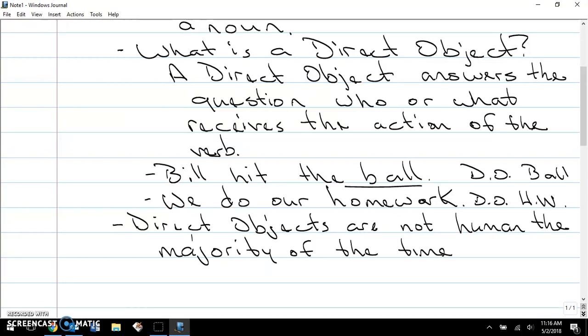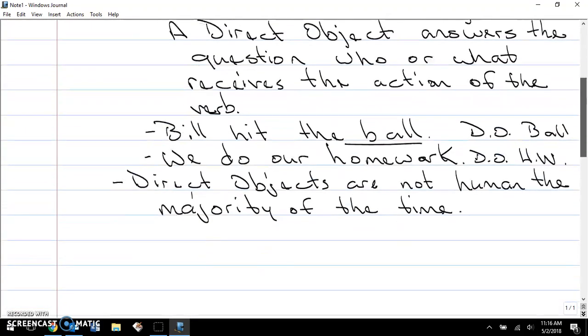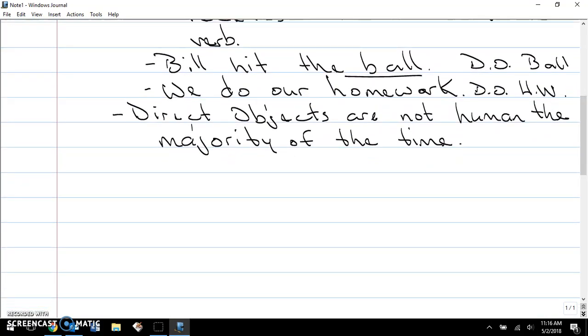For your direct object to be human, it must be a verb that deals with human interaction. Hit, hug, kiss, something of that sort that deals with two humans interacting. So for the most part, direct objects are not human. Okay?